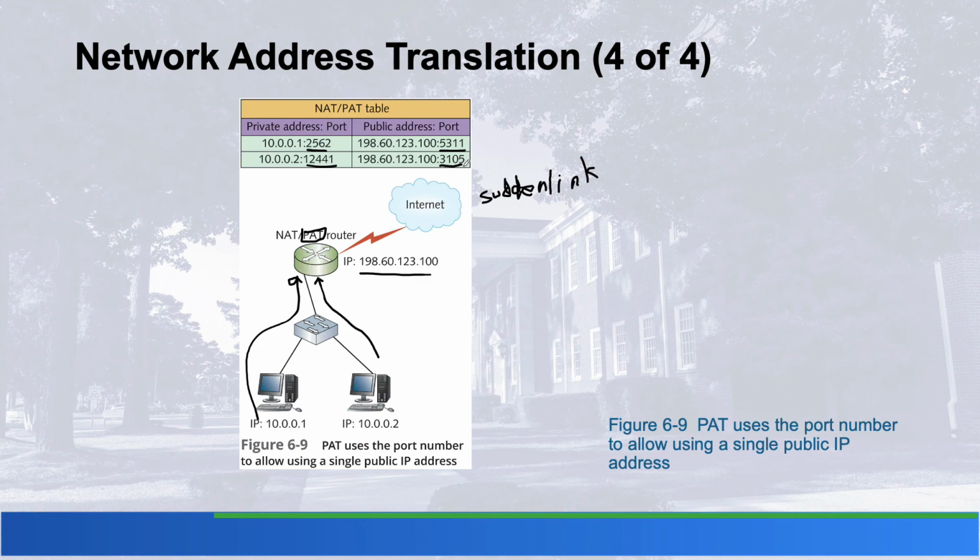It just randomizes the ports that you're connecting from. So that's called port address translation. Whereas NAT, you have a one-to-one. You have a private and then a public. PAT is I have a many-to-one. So I have many IP addresses on the inside using one IP address on the outside.